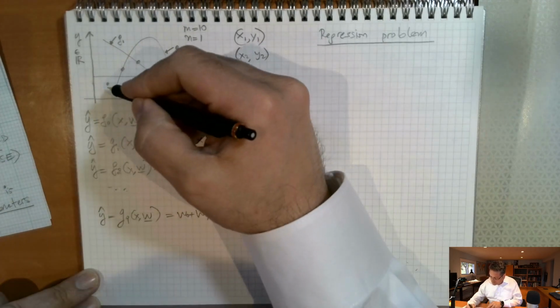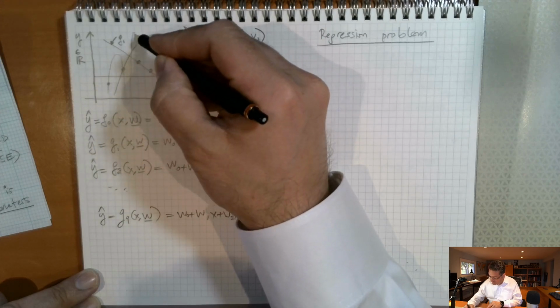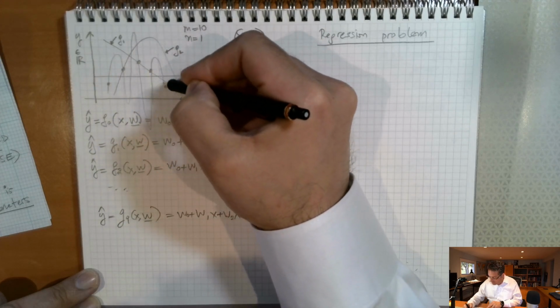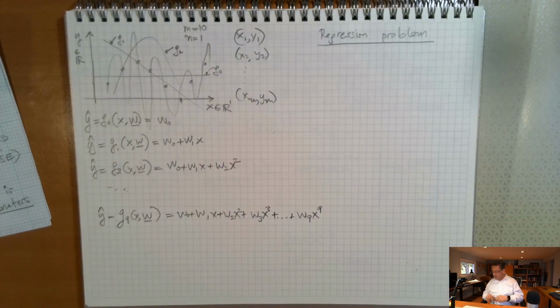Let me draw it. It could be a hypothesis that goes through all of the points that someone gave me. I drew it approximately, obviously. And this hypothesis is the point where we stop, and I think we drew enough of them.